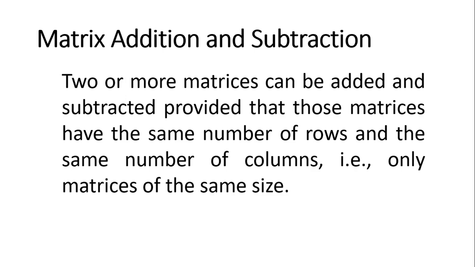So when we add or subtract matrices, the rule is that they should have the same number of rows and the same number of columns. Basically, the matrices we add or subtract need to have the same size. Okay? So, let's have some examples.